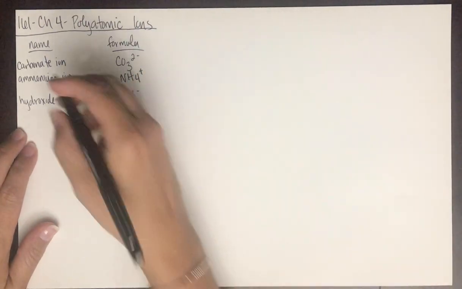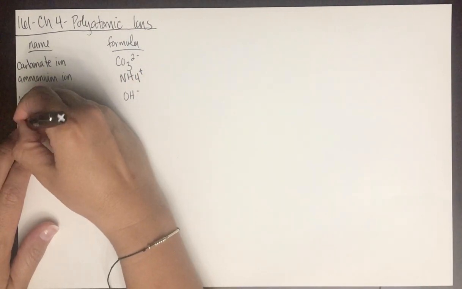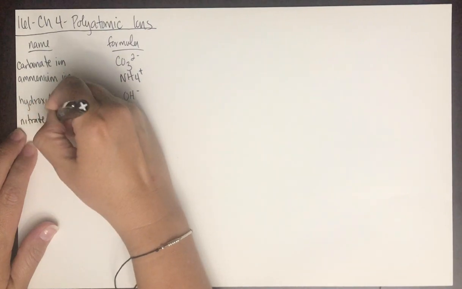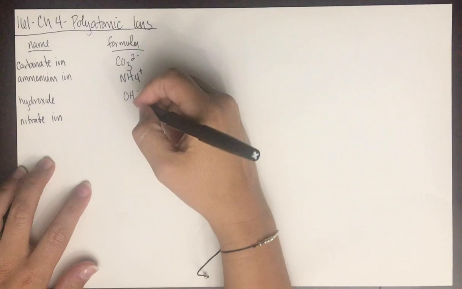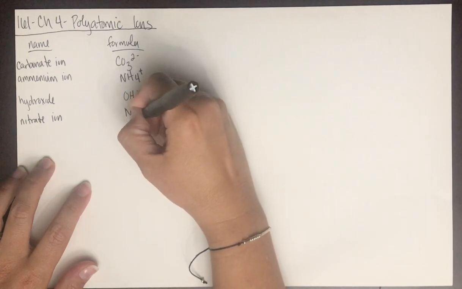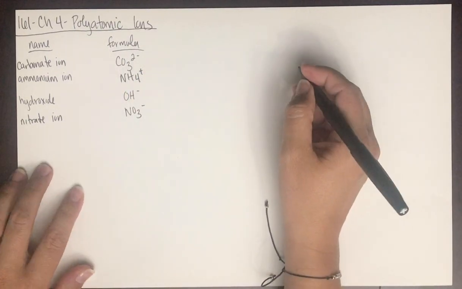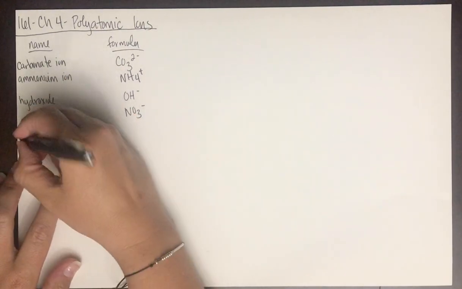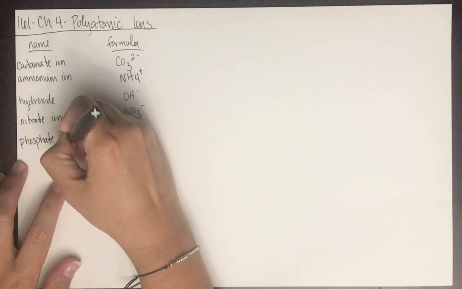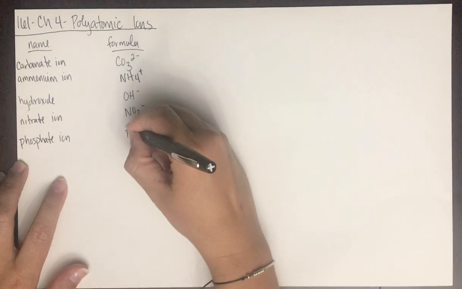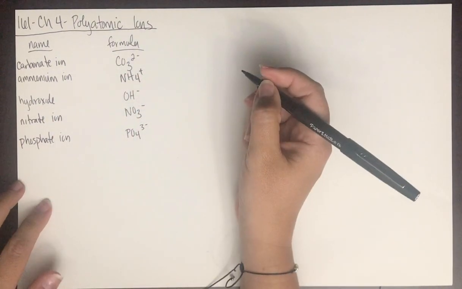The next one is nitrate. The nitrate ion. Nitrate is NO3-1. The next one is the phosphate ion. Phosphate is PO4 3-.